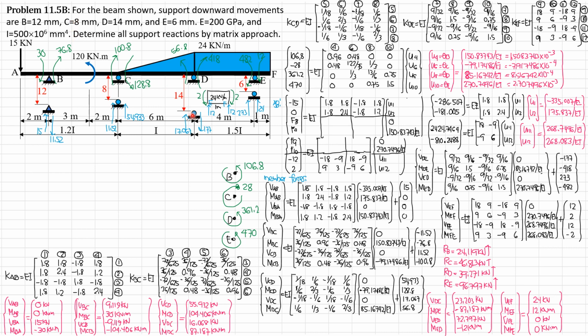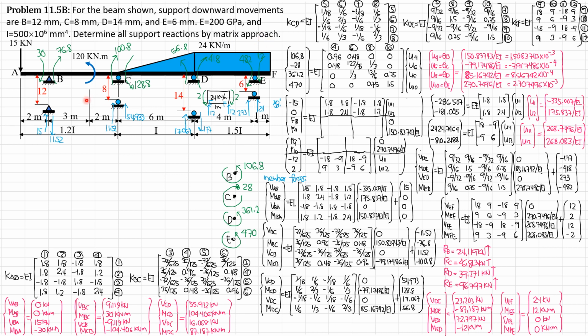So this is the matrix approach. So we have support settlements. E is 200 gigapascals and moment of inertia is 500 times 10 to the 6 mm to the 4th. So it's constant, and that would be 100,000 kilonewton meter square. So determine all support reactions by matrix approach this time.